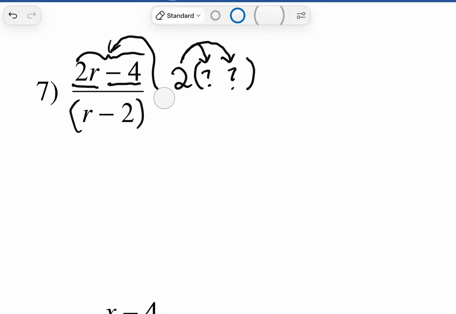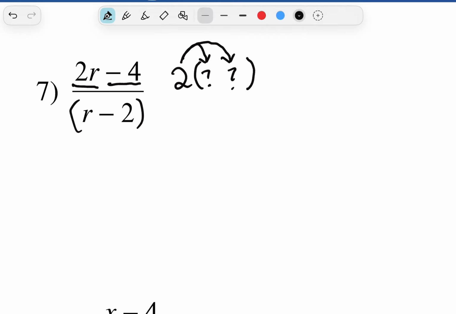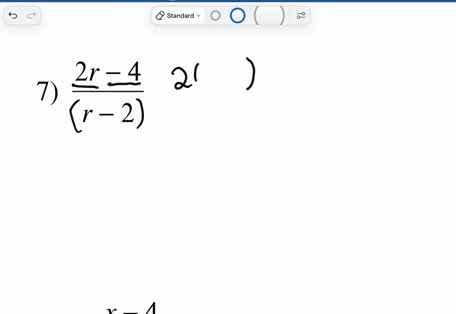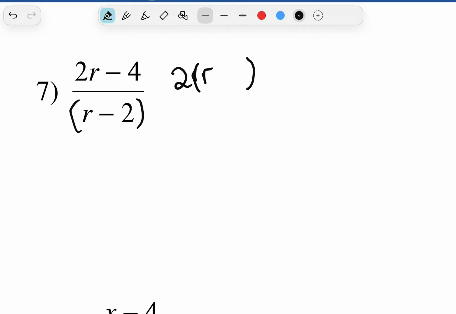So if we were to distribute it, we would get our original back. So let's see, what can we multiply 2 by to get 2r? Well, 2 times r is 2r. What can we multiply 2 by to get -4? Well, we can multiply it by -2, right?